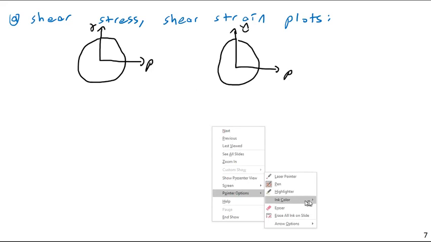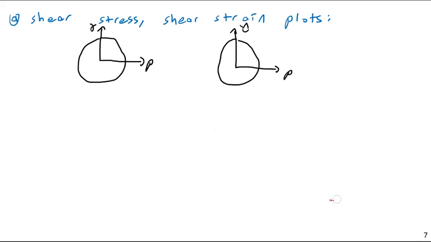And then for both of these, the graphs are going to look very similar. Here I'm going to have rho yield. In other words, here my elastic radius is right at my outer surface.